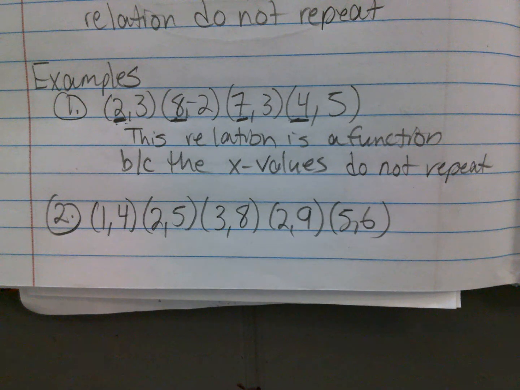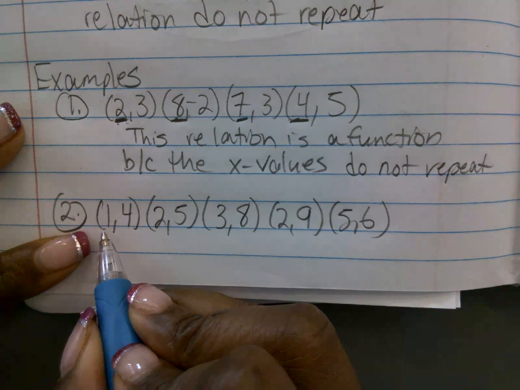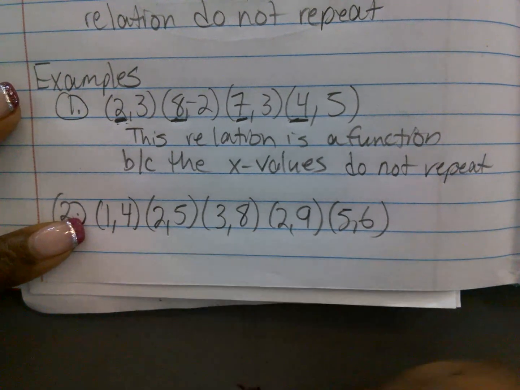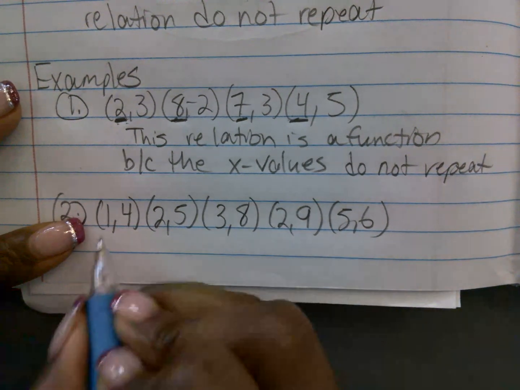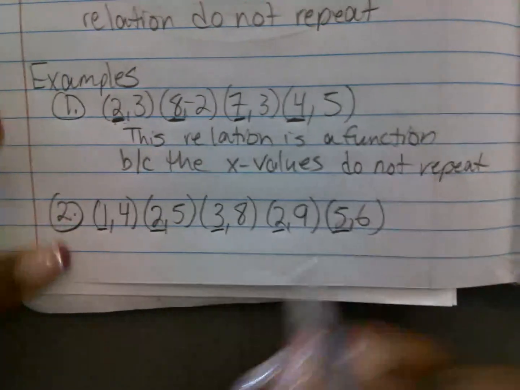All right. Raise your hand if you think this is a function. Raise your hand if you think this is not a function. Very good. This is not a function. Why is this relation not a function, Silas? Very good. Which x value repeats? 2. We got 1, 2, 3, 2 again, and then 5.